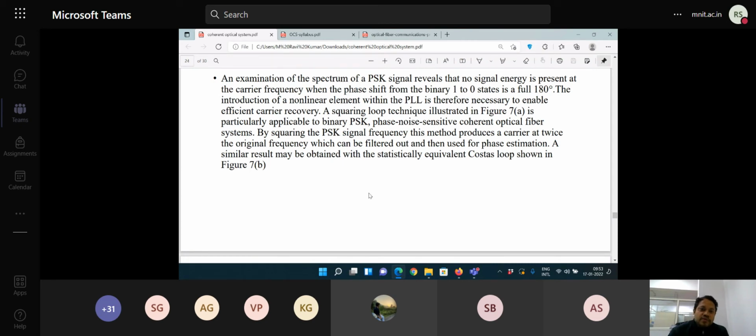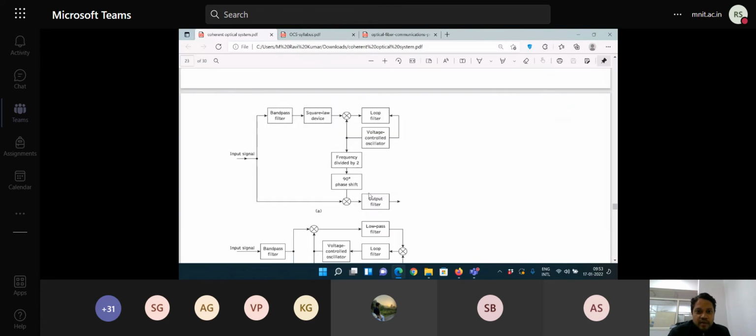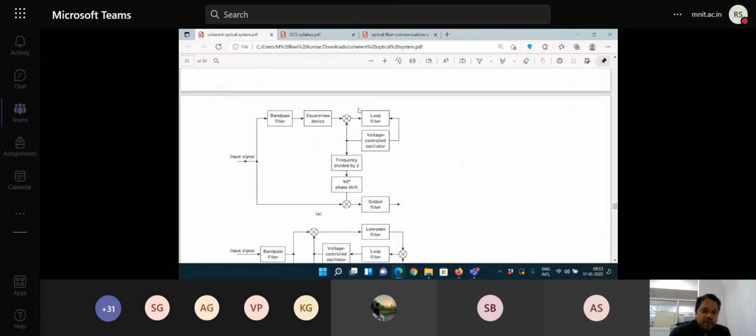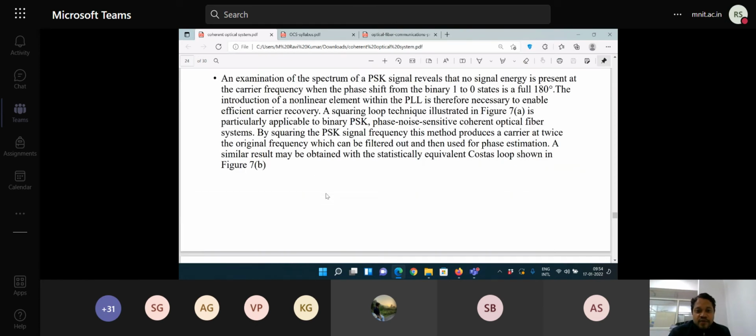So this is about recovery of phase shift keyed signal, a squaring loop as is indicated at this top part. This can be used to detect the phase changes and recovery of the signal.